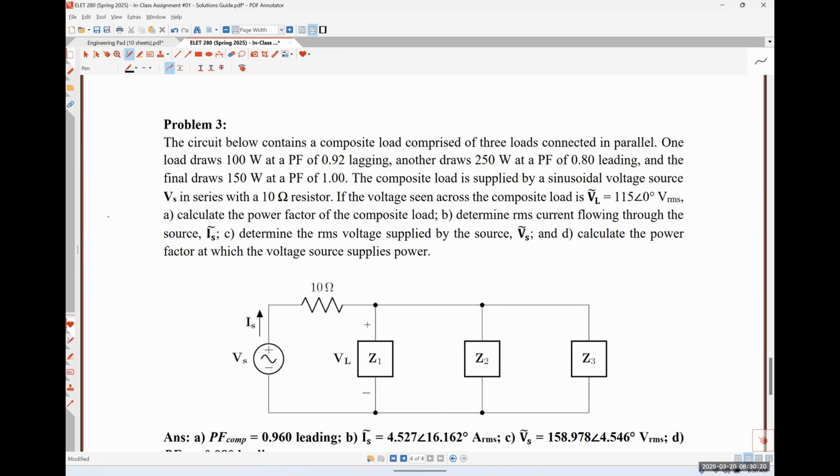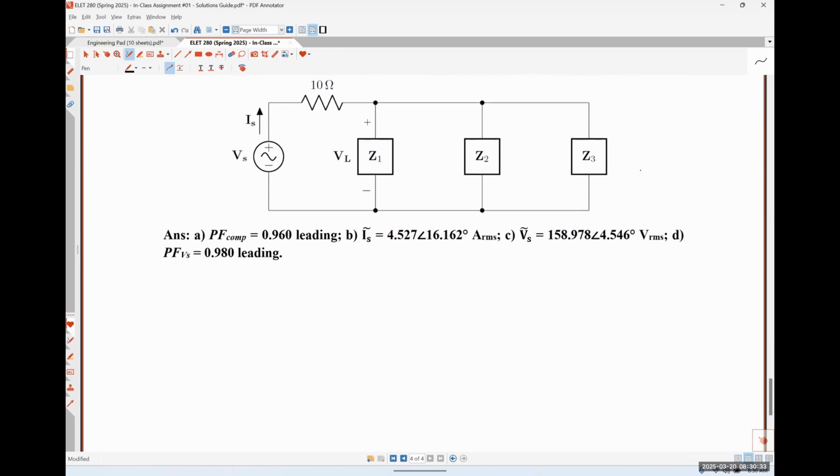So what I want us to do here is to determine from just those brief pieces of information the complex power absorbed by each of those 3 loads, right?